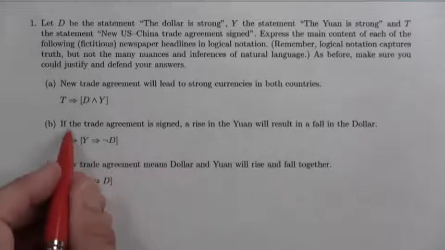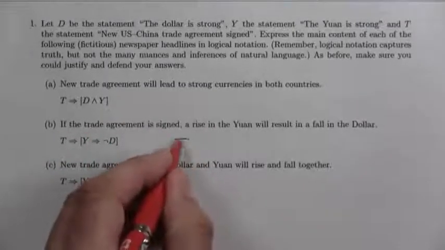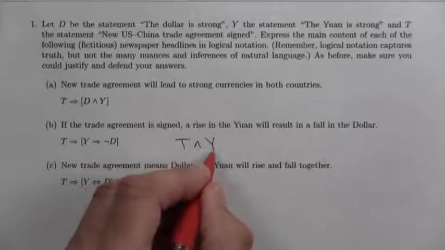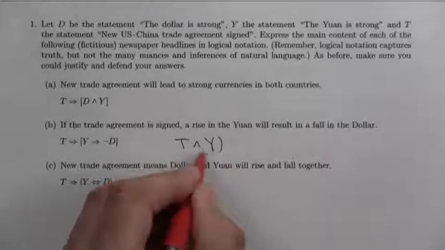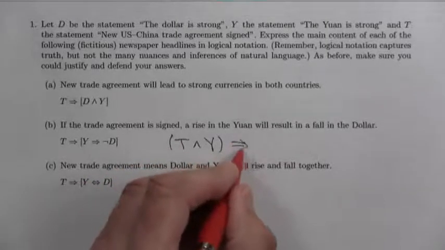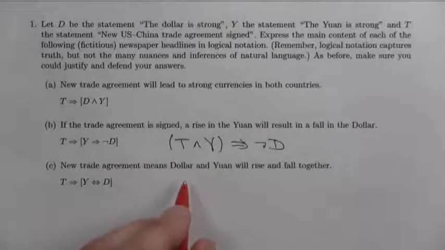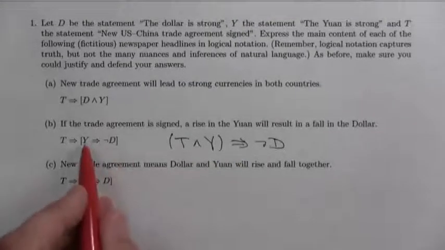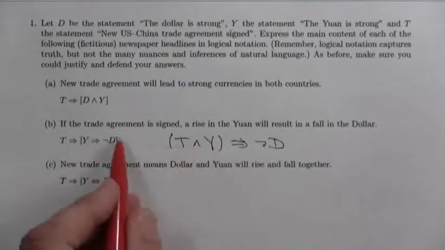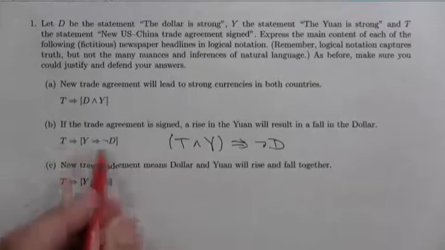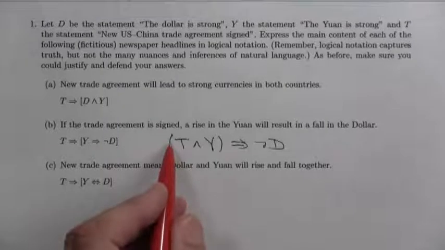You could say, well, there's two preconditions here: if the trade agreement is signed and if the yen rises, if those two things happen, then the dollar falls. And in fact, these two statements are logically equivalent. If you work out truth tables, you'll find out that the truth table for that is the same as the truth table for that.